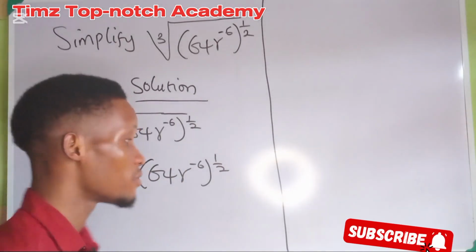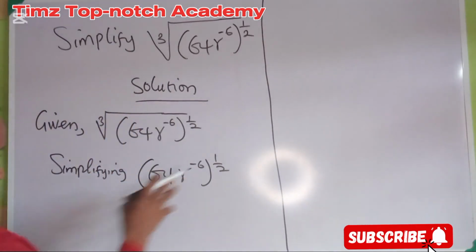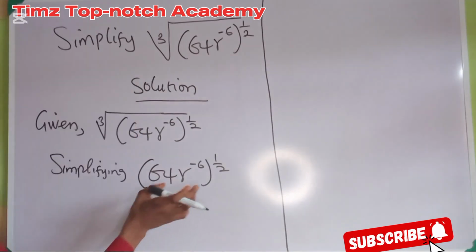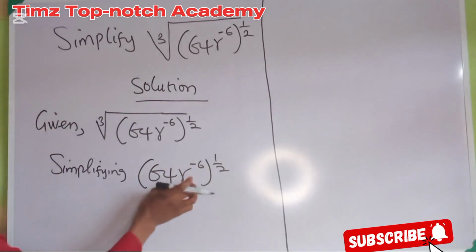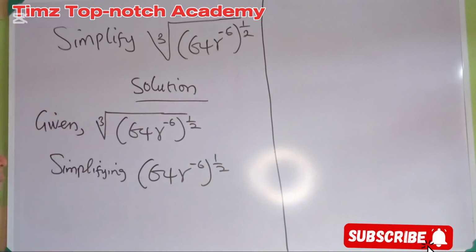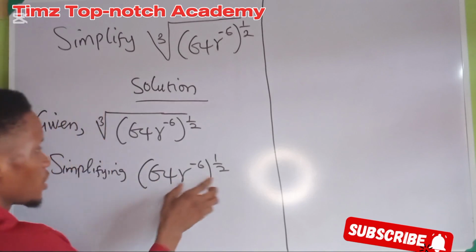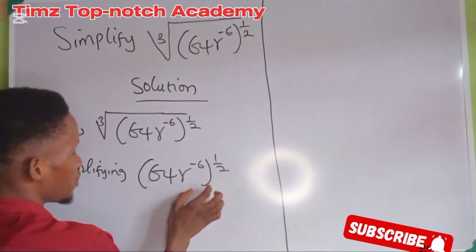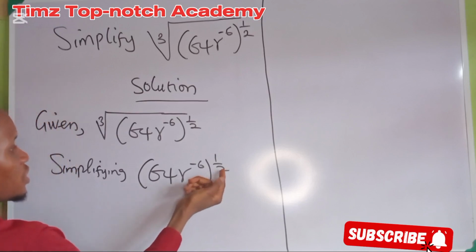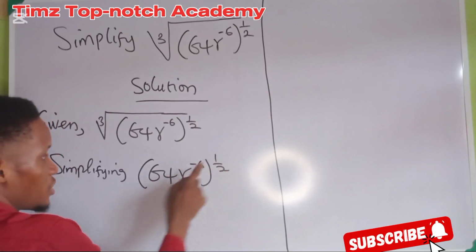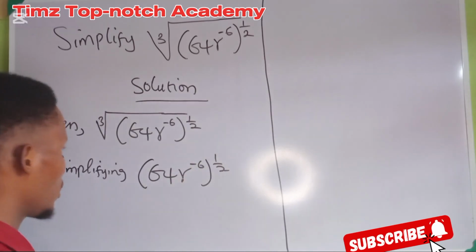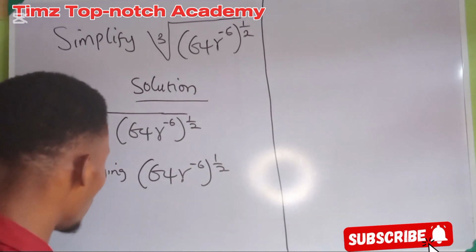But as I'm solving now, there's no need. So what you do now is simplify this first. How do you simplify this? You're going to apply the product law of indices, where this will multiply whatever is inside there. That is what you are going to do.